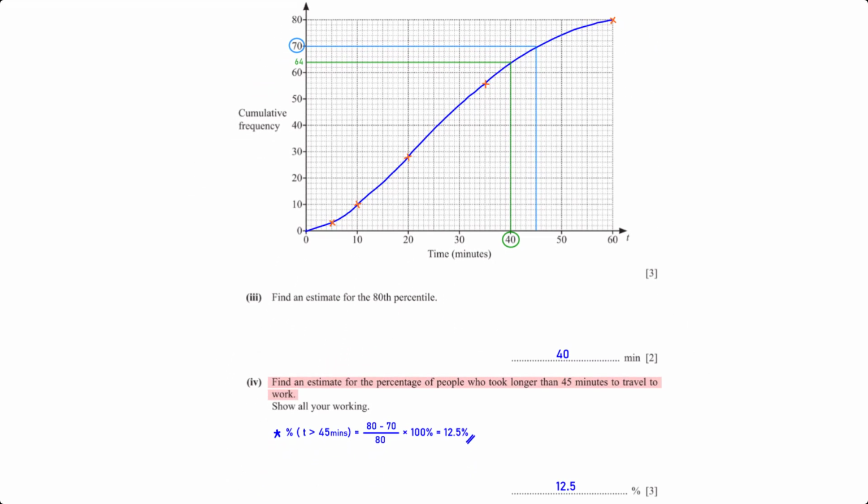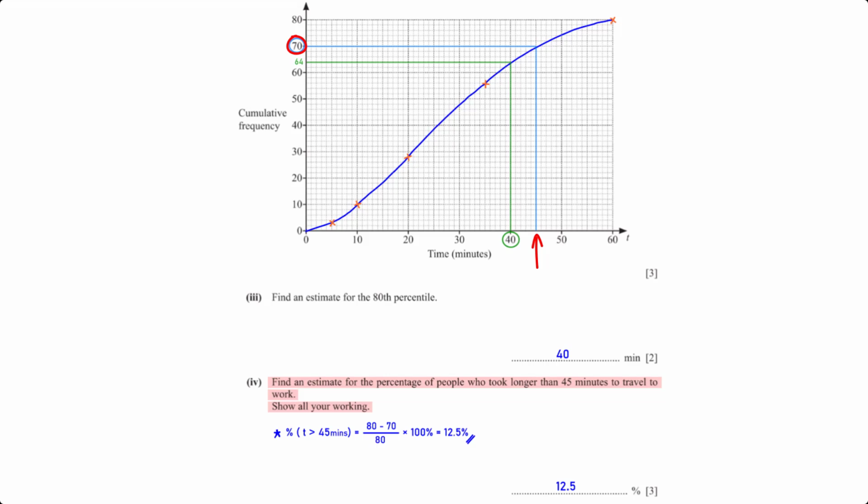Find an estimate for the percentage of people who took longer than 45 minutes to travel to work. Show all your working. First, let's find the number of people who took longer than 45 minutes. So we map 45 minutes from the horizontal axis onto the graph, which gives us 70.